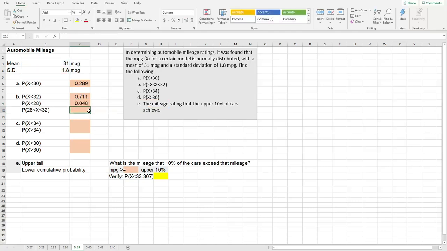And now to find the probability of being in between 32 and 28, we would simply subtract the probabilities from each other to get that.